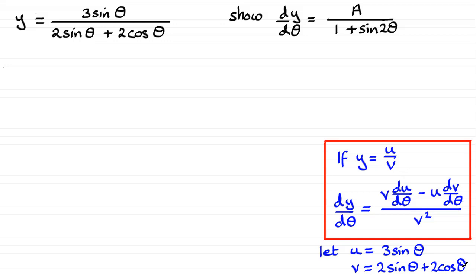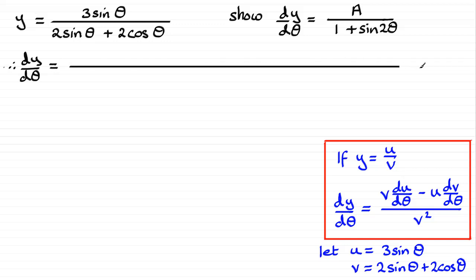So we're ready to use this formula to start to differentiate y with respect to theta. Therefore dy by d theta is equal to, and I'll just draw a long division line here.